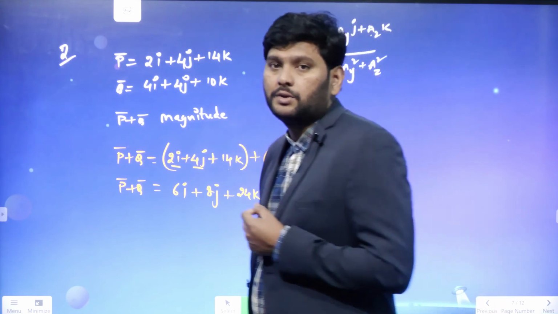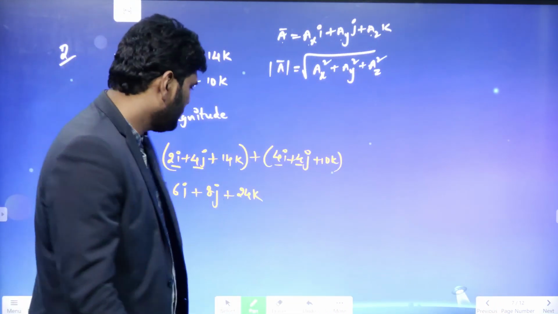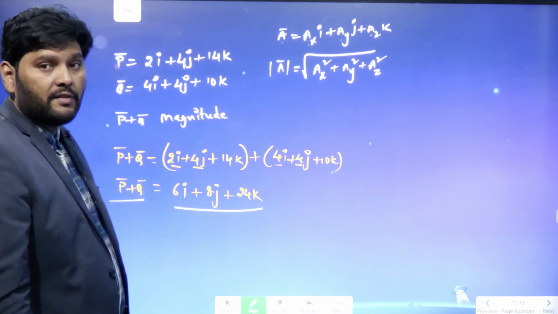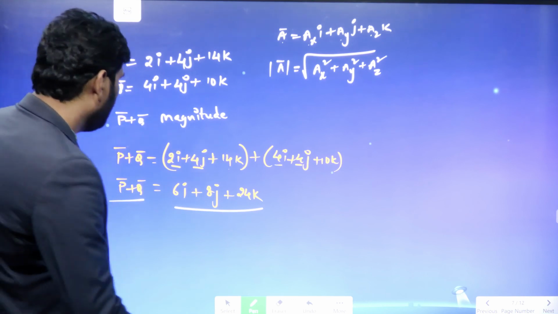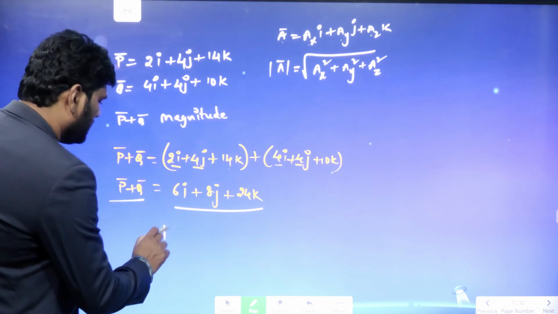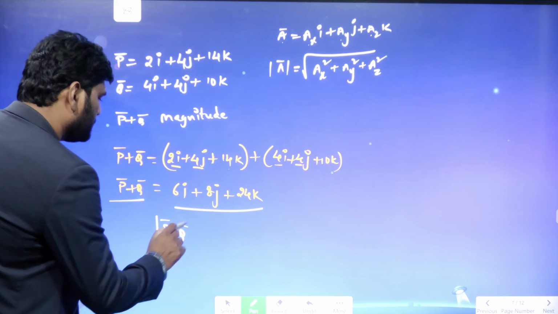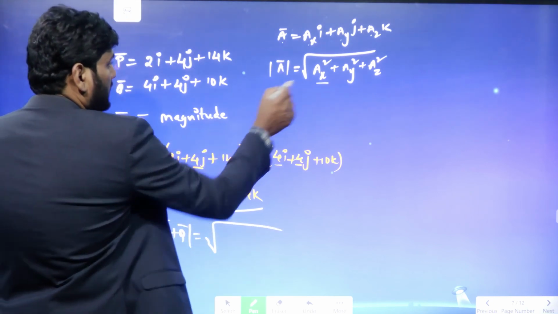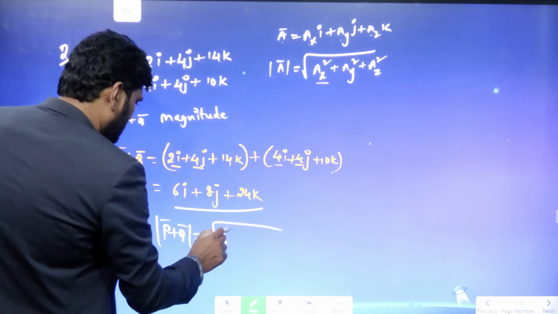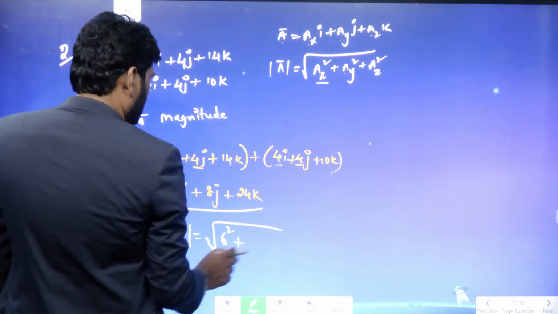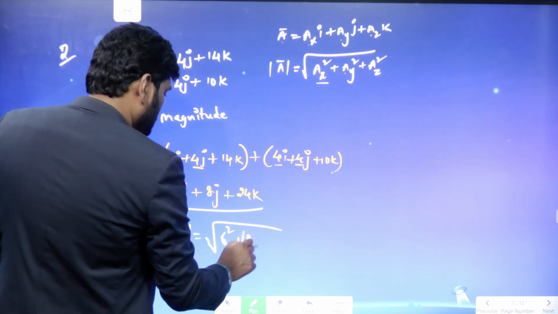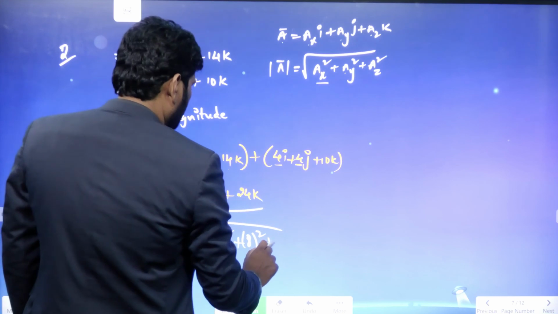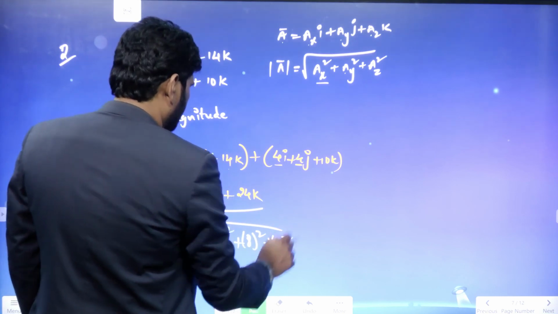Similarly, for the vector P plus Q, ax square means 6 square, ay square means 8 square, next 24 whole square.